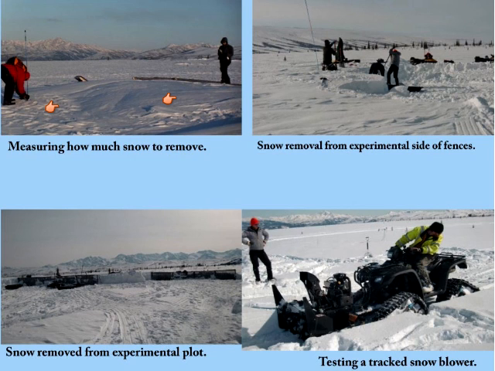This year, we were testing a four-wheeler on tracks with a snowblower to see if it would be possible to remove that snow by mechanical means rather than by hand.